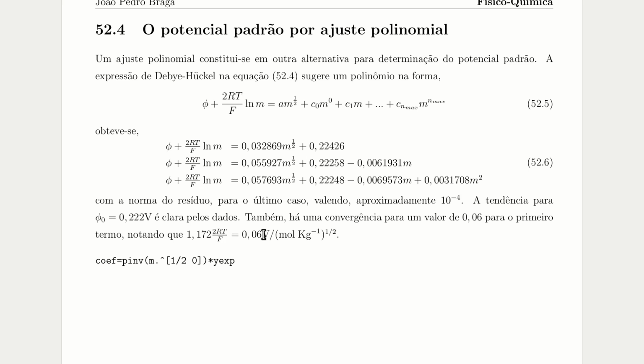Let's see how I did this program, how you can calculate these coefficients if you also want to check these results. It's important to say that for this range of data, my residual error is about 10 to the minus 4.